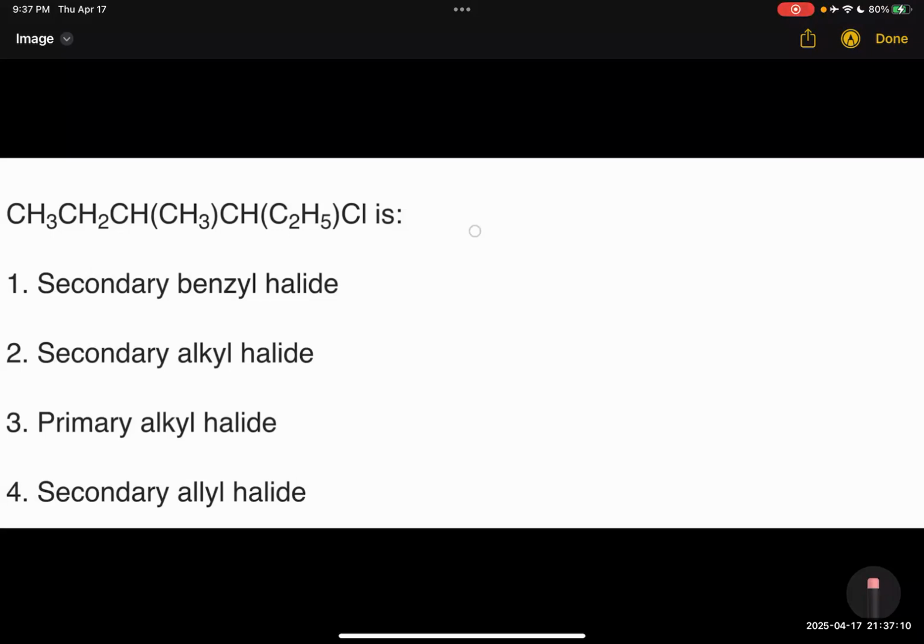Yes, so let's do this. You have CH, and then you have CH. Just keep one thing in mind: the carbon is making four bonds. So who all are connected to this carbon?